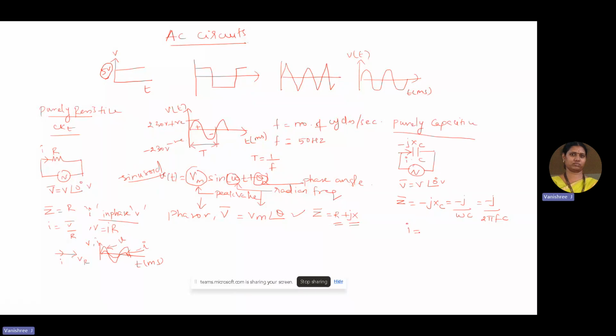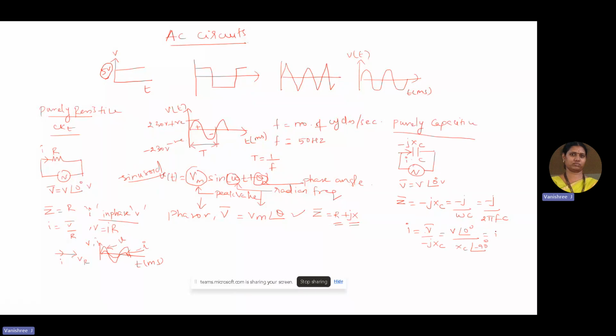Then when you go for the current, I is equal to V divided by minus j XC. And that is how the current will have a 90 degree angle. So if it needs to be represented, it is V angle 0 divided by XC with an angle of minus 90.